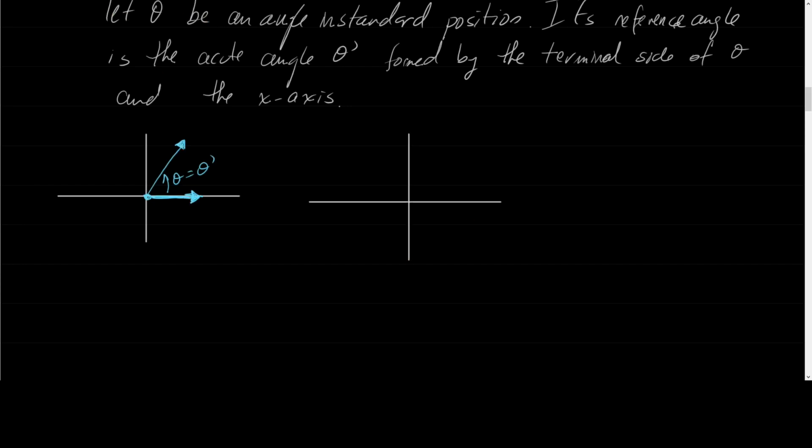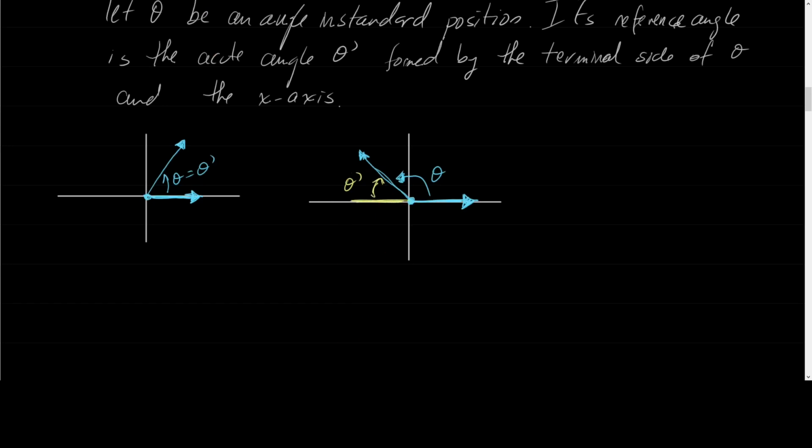In the second quadrant, if I have some angle in standard position, so there's my initial side, and my terminal side is in the second quadrant, this right here is our angle theta, but this right here would be our reference angle theta prime. And you can think of it either going that way or that way. Now how will we find what this angle is?